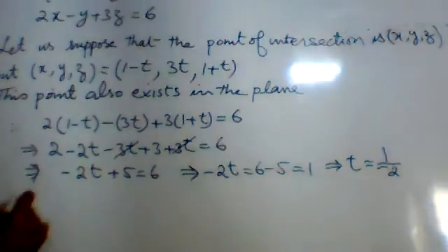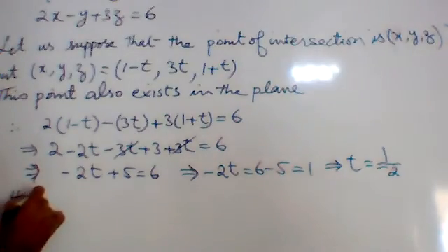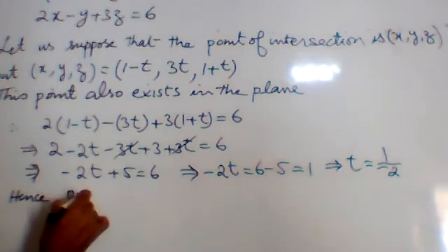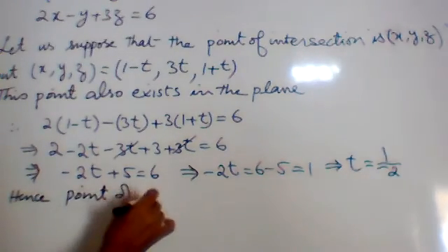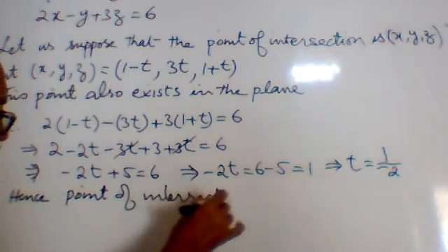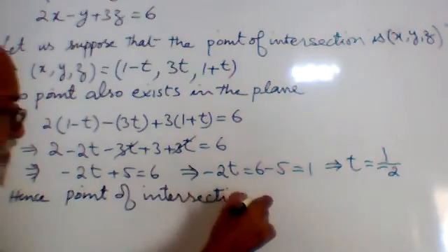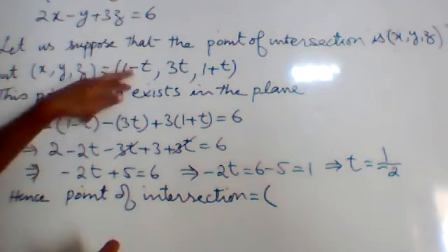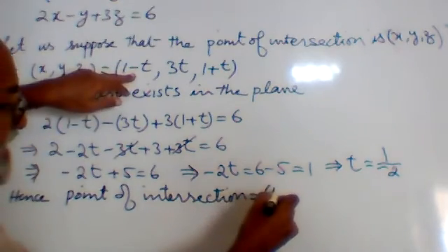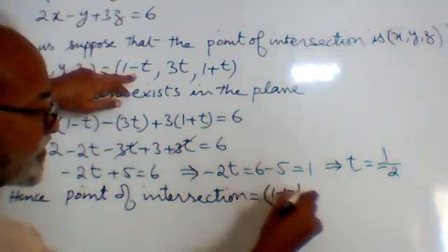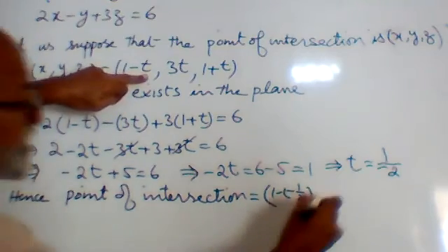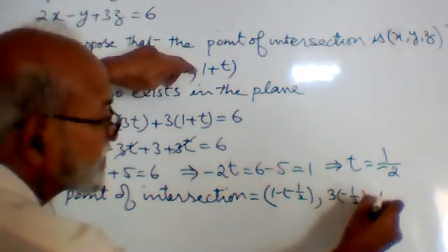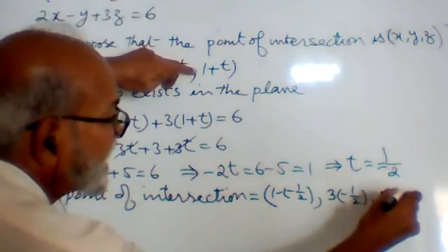Hence, the point of intersection is equal to, substitute the value of t, 1 minus 1 upon 2, comma 3 into minus 1 upon 2, comma 1 plus minus 1 upon 2.